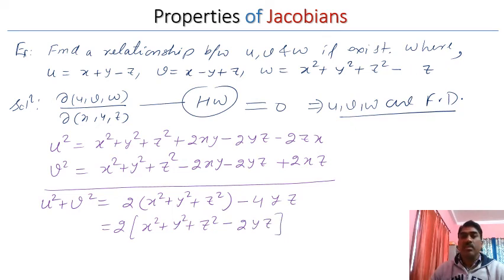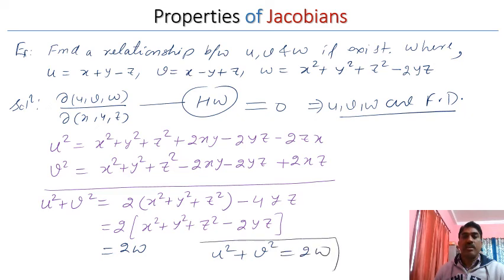This was 2yz. So now you can see that we have reached the conclusion that this x square plus y square plus z square minus 2yz was w. So this is 2w. So we have established that u square plus v square is equal to 2w. This is the required relationship between u, v and w.